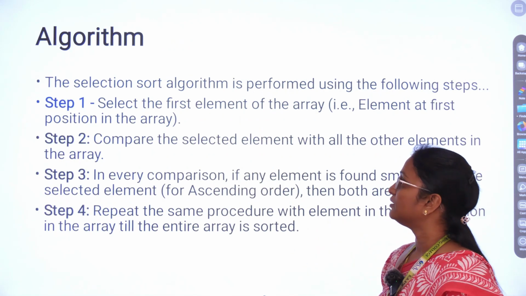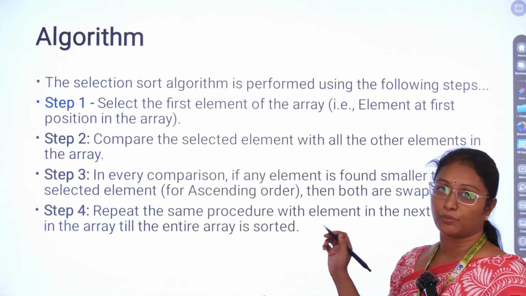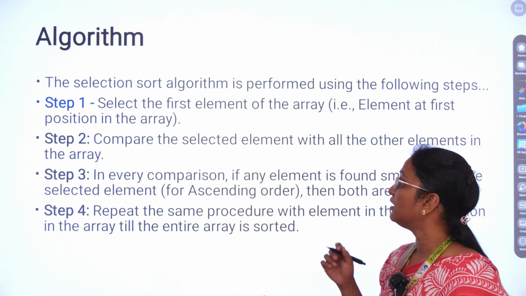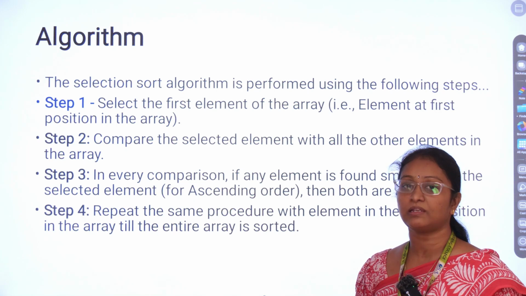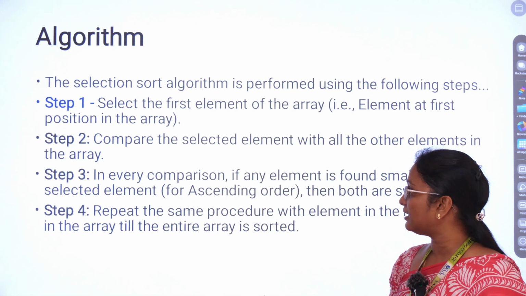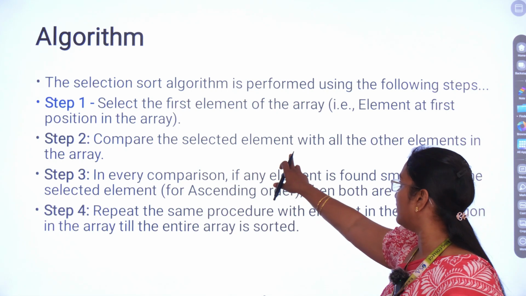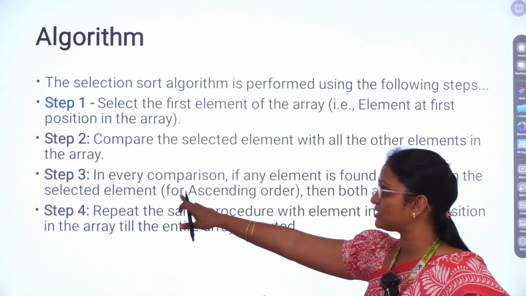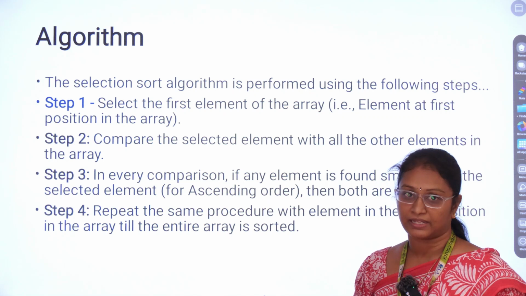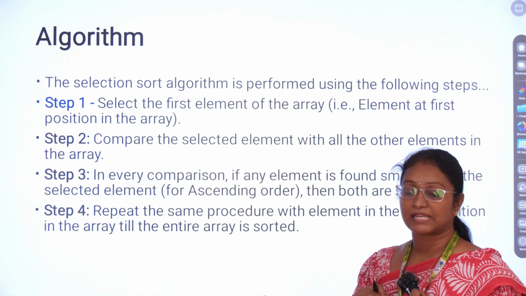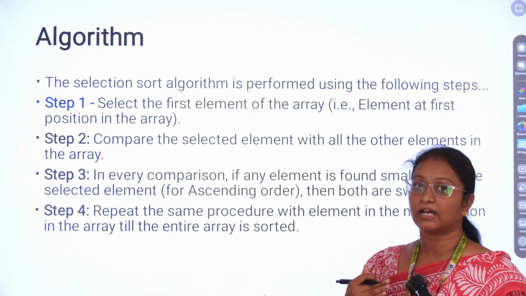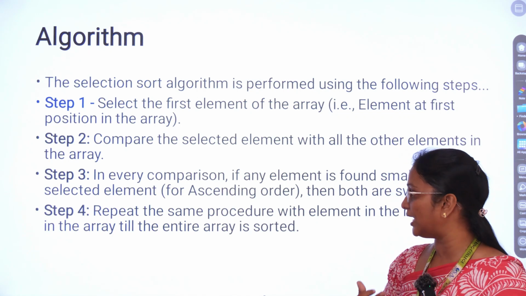Okay. The steps involved in the selection sort algorithm: first, we select the first element as the selected element, and then we compare the selected element with all the other elements in the list or array.